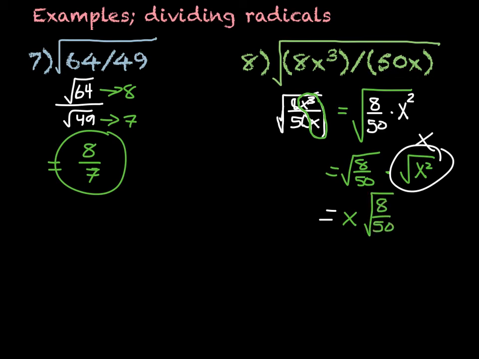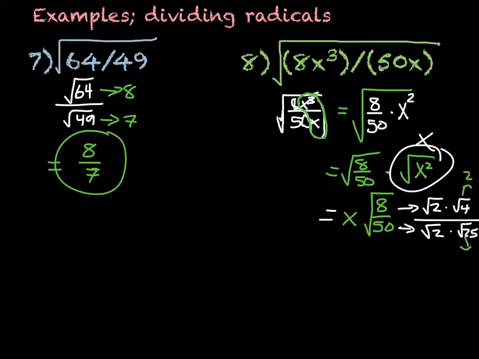So now I want to simplify 8 over 50. So that's going to go to the square root of 2 times the square root of 4 over the square root of 2 times the square root of 25. Square root of 4 is 2.